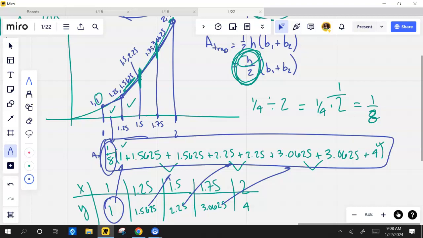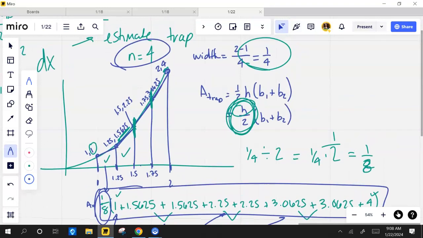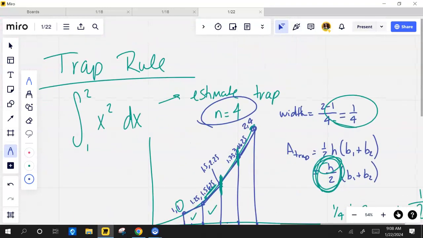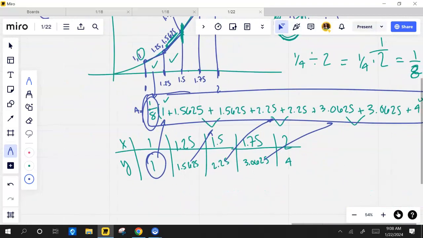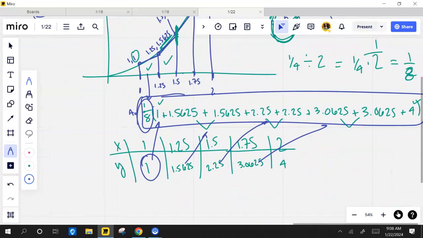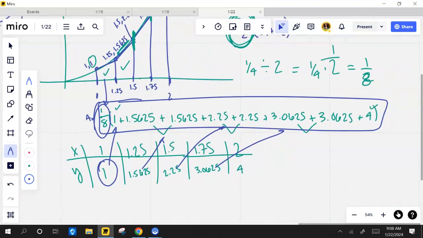We went from what? 1 to 2? Program. A is your lower bound. A and B. I couldn't do a lowercase a on there. N, it tells you, we did 4. That's your number of intervals. That's your value, yeah.